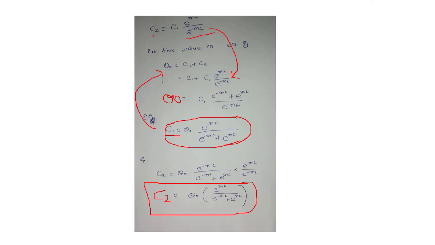Now put these values of c1 and c2 in our previous equation of theta. So we will get theta is equal to theta 0 e raised to ml e raised to mx upon (e raised to minus ml plus e raised to ml) plus theta 0 e raised to ml into e raised to minus mx upon (e raised to minus ml plus e raised to ml).